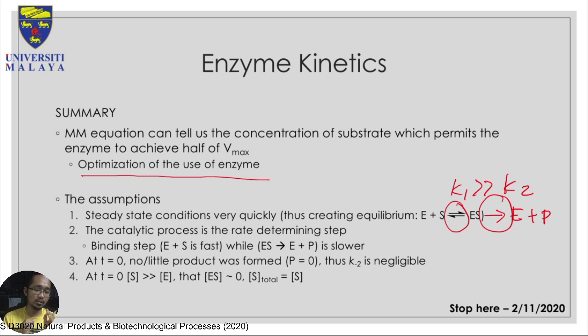So P is 0 or negligible, therefore K minus 2, the rate of moving backwards in the reverse direction from E plus P, is also negligible, and you don't consider that as part of the equation. And finally, the fourth assumption is that at T equals 0, the substrate concentration is way, way higher than the enzyme concentration, and that the enzyme substrate concentration at that particular time is almost negligible.